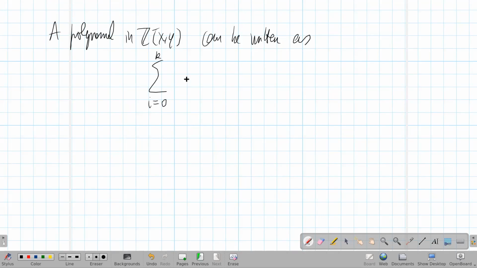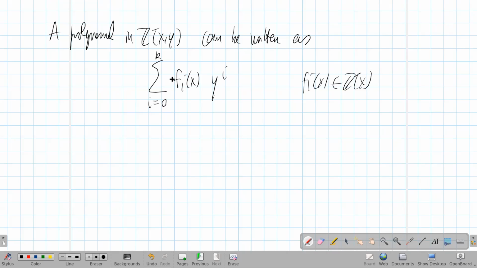So you can write it as a polynomial in y with coefficients that are polynomials in x. Essentially you isolate the powers of y, and then what's left will be the polynomials in x.